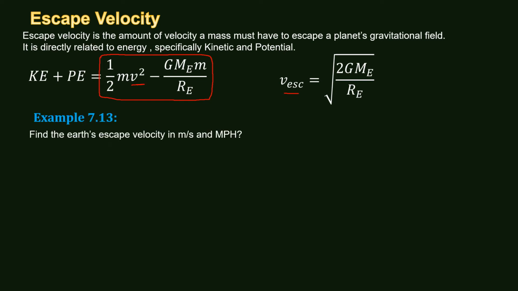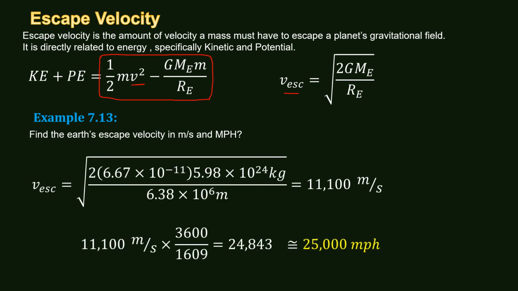So let's find the Earth's escape velocity in meters per second, and also in miles per hour. Okay, so we use our escape velocity equation and plug everything in, and we get the escape velocity on Earth for a rocket is 11,100 meters per second.